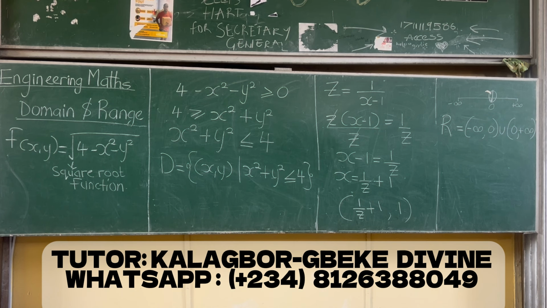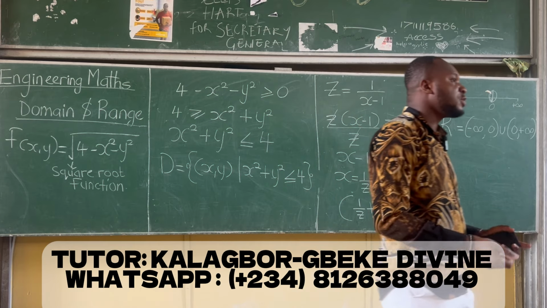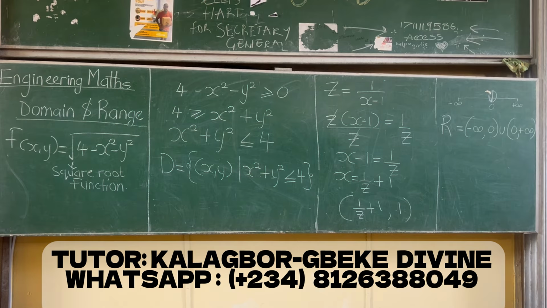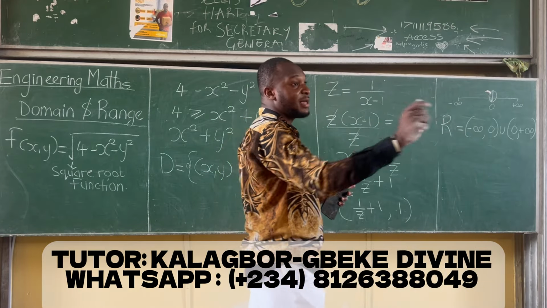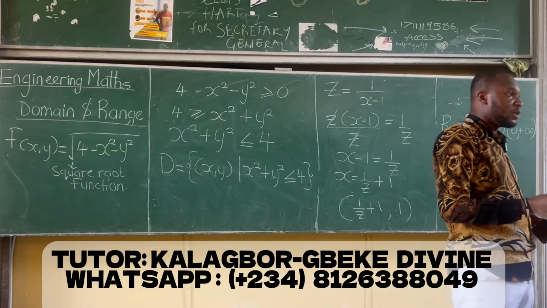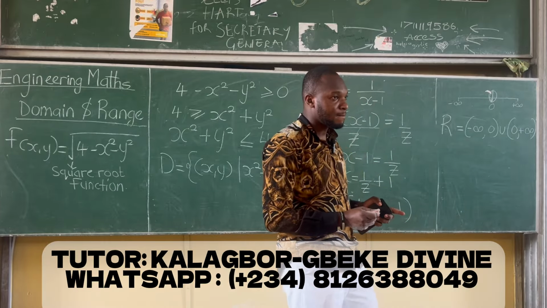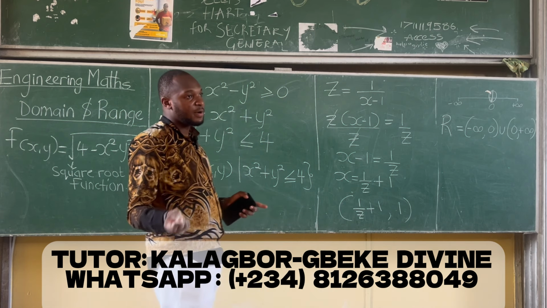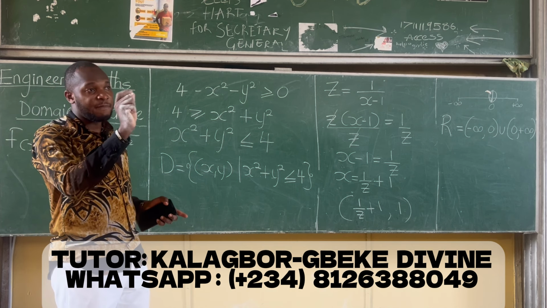So please, this is why I touched different types of functions, so you know the conditions. We've worked on polynomial functions without restriction. We've worked on rational functions, where the denominator must not be equal to 0. Next, we looked at the logarithmic function, where the expression inside the log should be greater than 0.